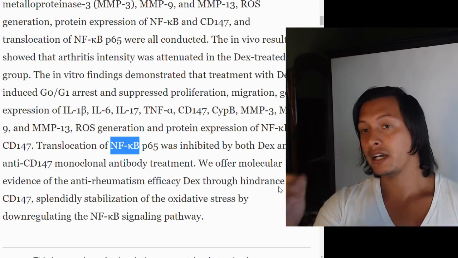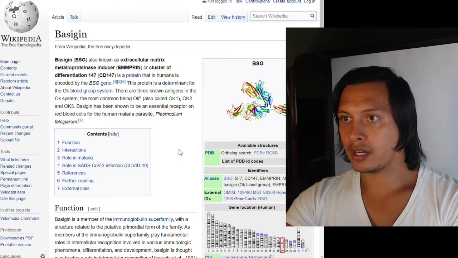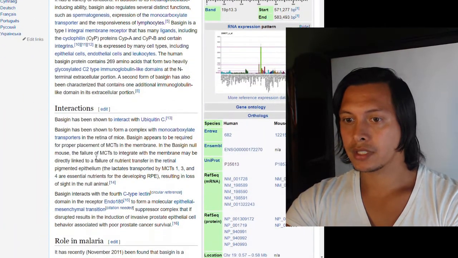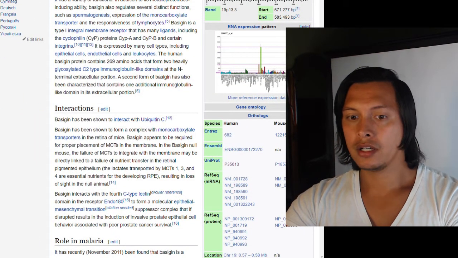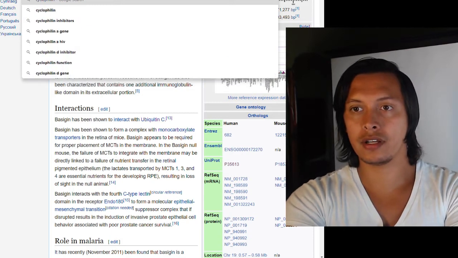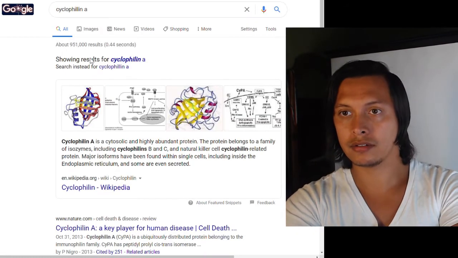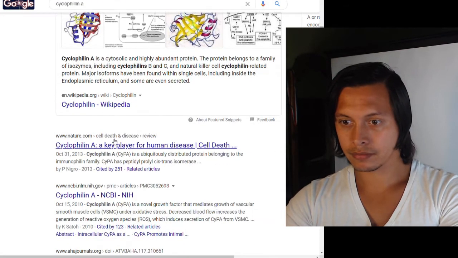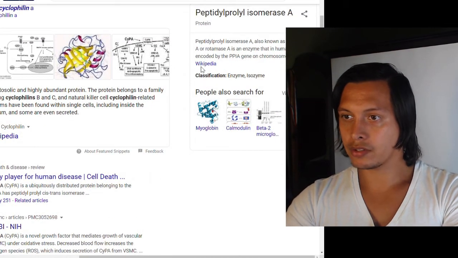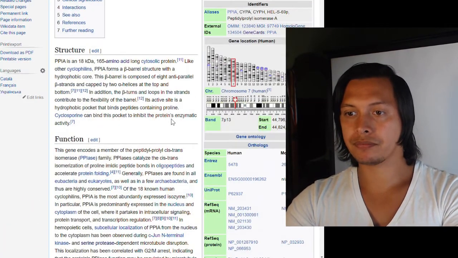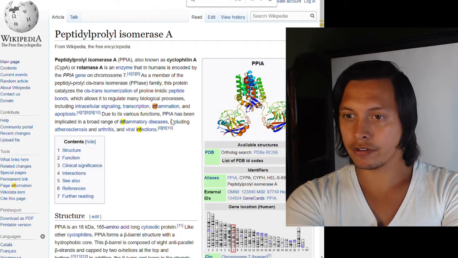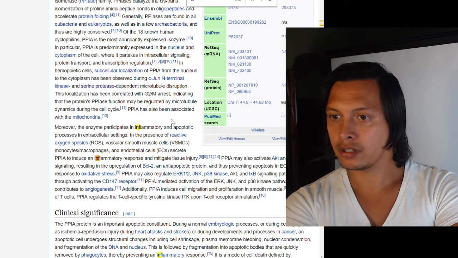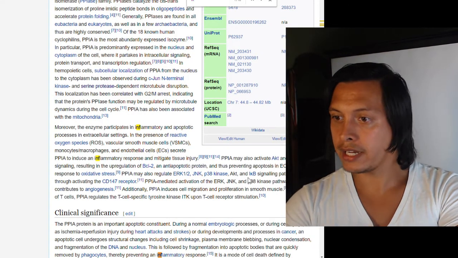And so I believe cyclophilin A, let's go to the Wikipedia page for that. I believe nuclear factor, yes.